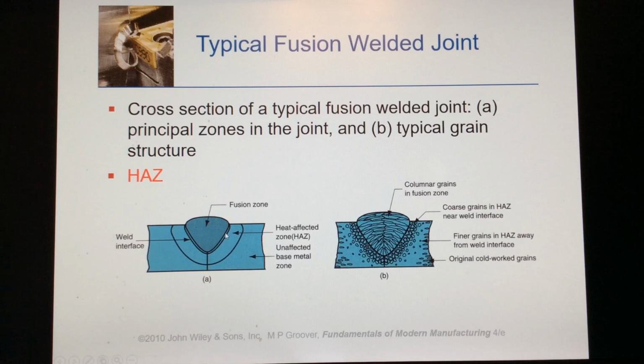There are all kinds of changes going on with respect to the lattice structures within the grains when that kind of heat and quenching is taking place. So there are a lot of metallurgical issues associated with this heat affected zone. And this is what the grain structure looks like around that heat affected zone.